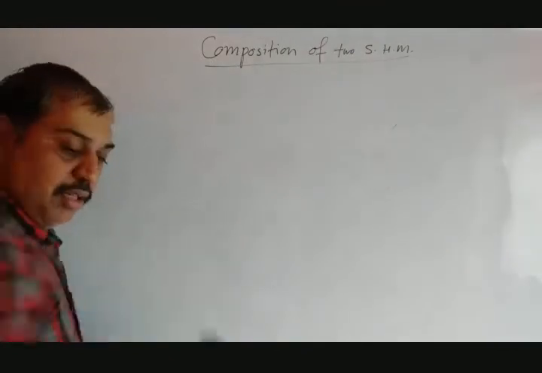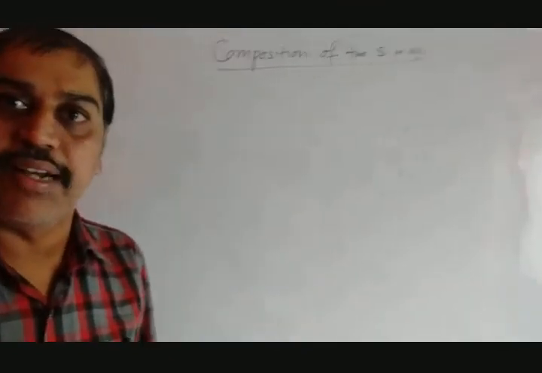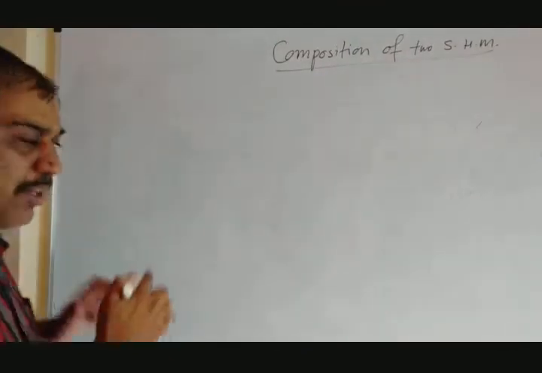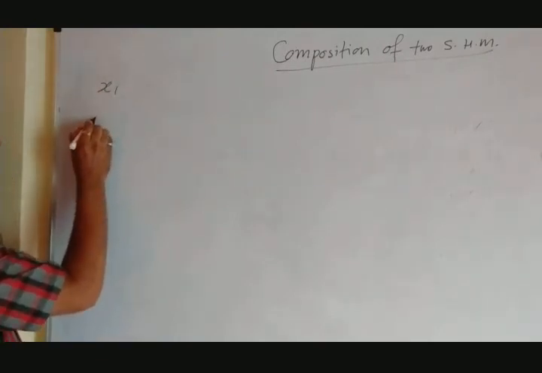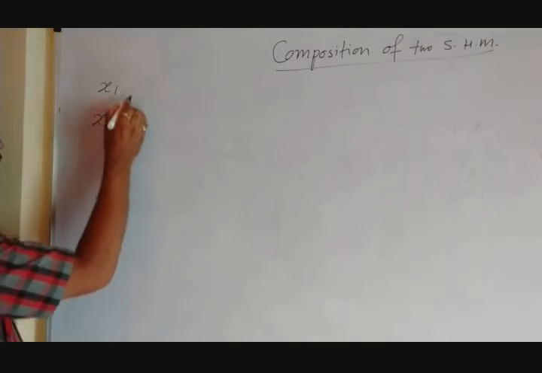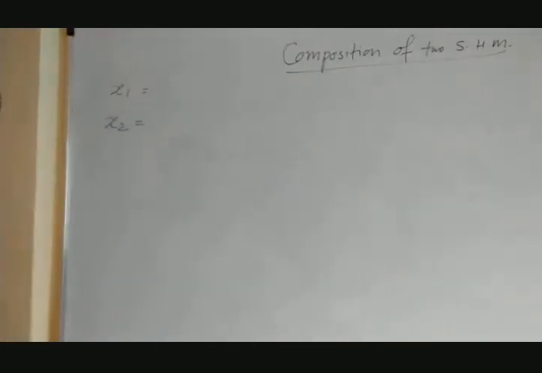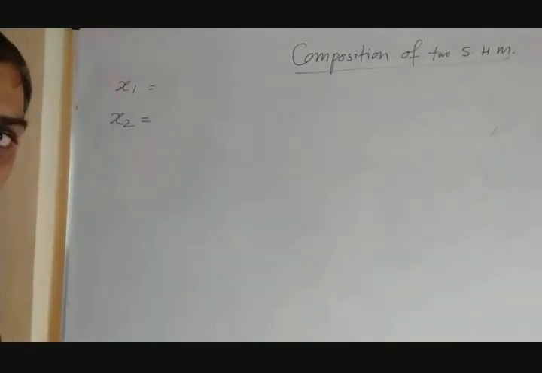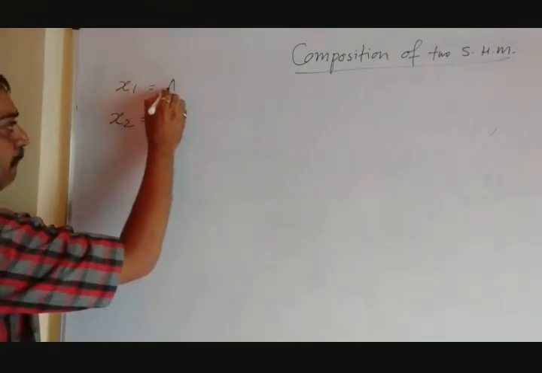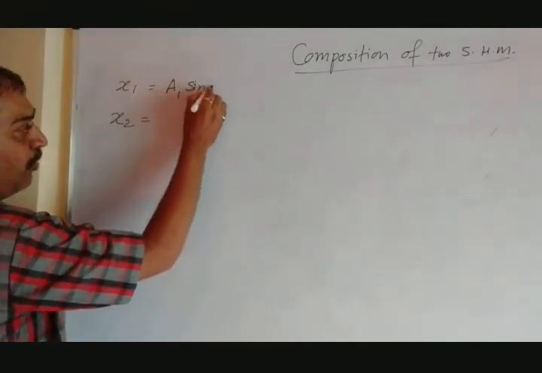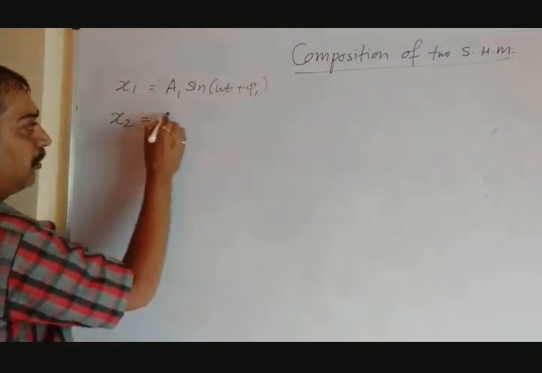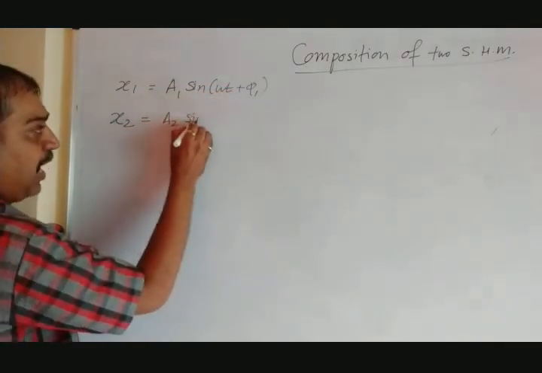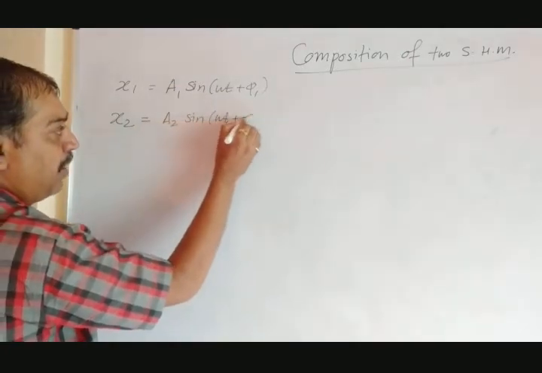Let us suppose the first particle's motion is represented by x1, and the second by x2. So we can write x1 equal to a1 sine of omega t plus phi 1, x2 equal to a2 sine of omega t plus phi 2.